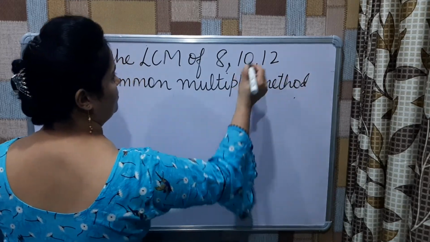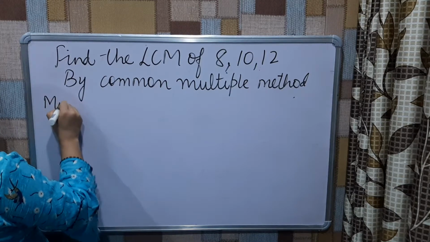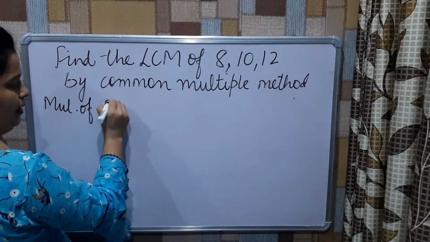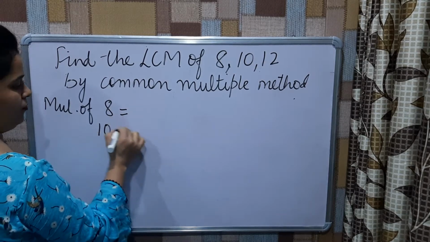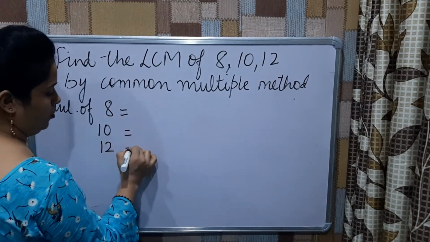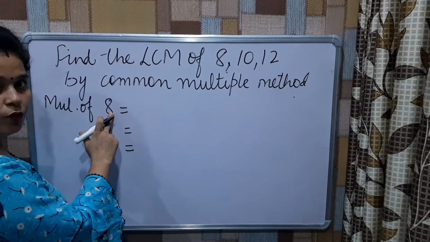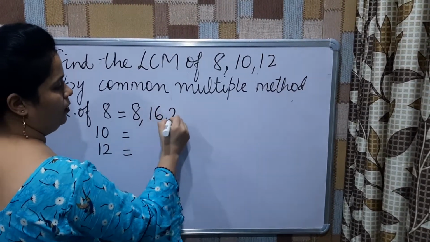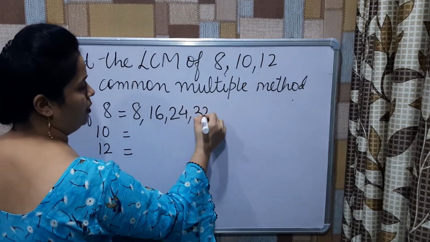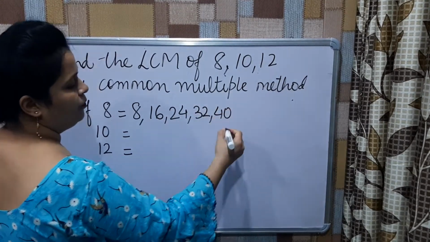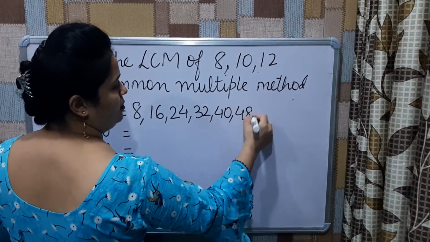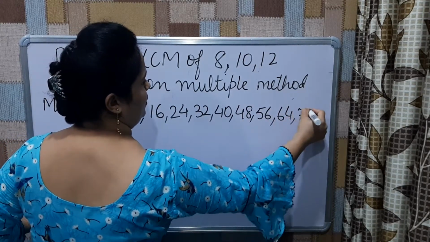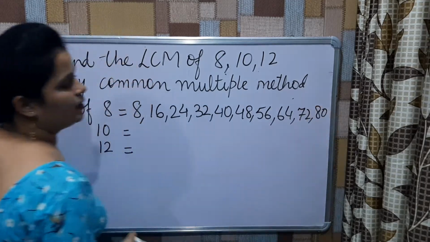For that, first of all, I have to write down the multiples of 8, then multiples of 10 and then multiples of 12. Now I have to write down the table of 8. 8 ones are 8, 2s are 16, 3s are 24, 4s are 32, 5s are 40, 6s are 48, 7s are 56, 8s are 64, 9s are 72 and 10s are 80. These are the multiples of 8.